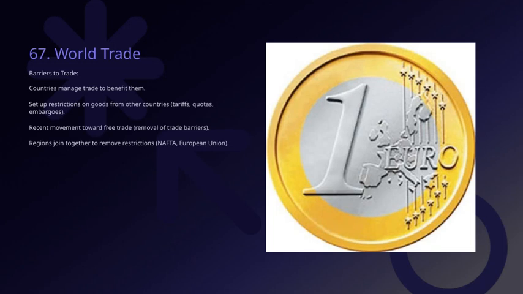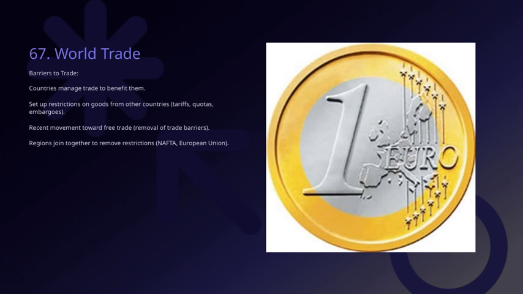Now, let's look at how regions are working together to remove restrictions, such as NAFTA and the European Union, which are both examples of countries teaming up to facilitate trade. Recently, there's been a clear movement toward free trade, meaning countries are working to minimize trade barriers so goods and services can flow more freely across borders.